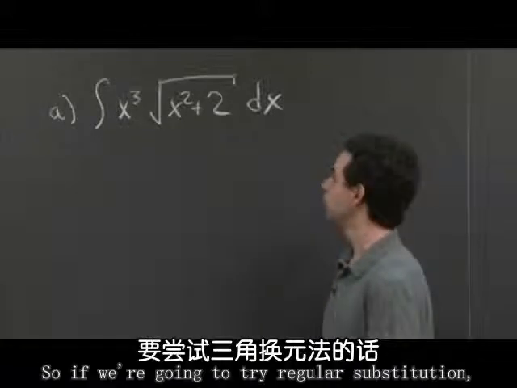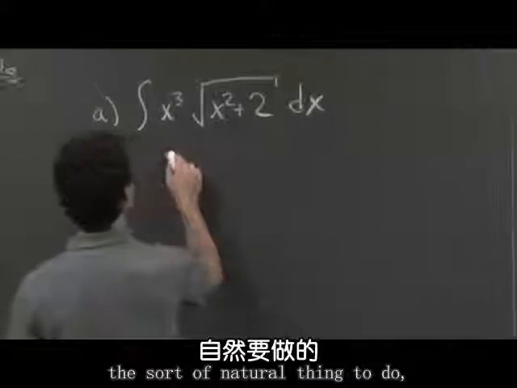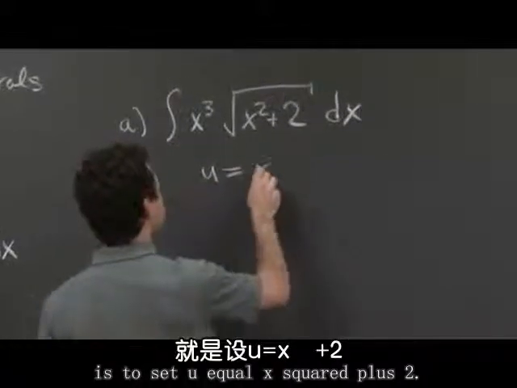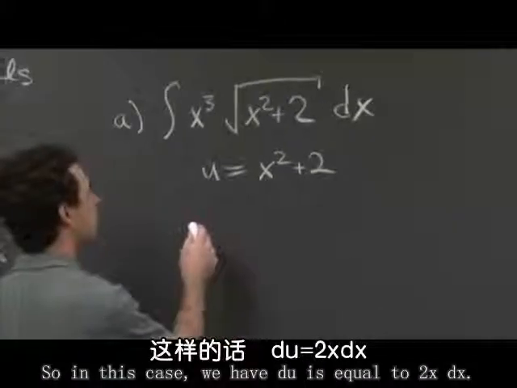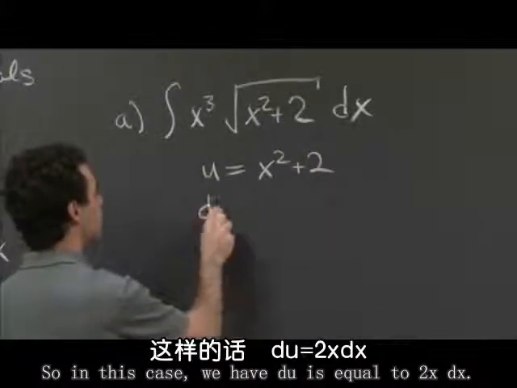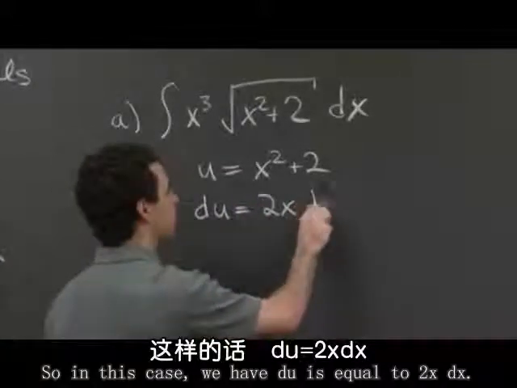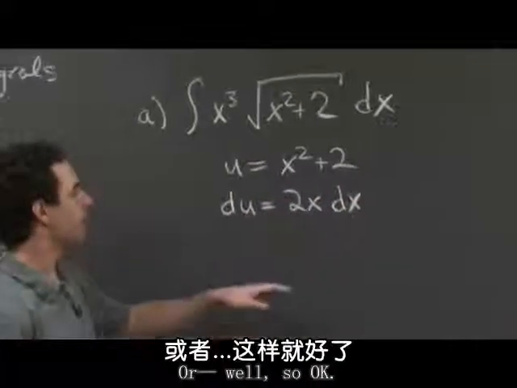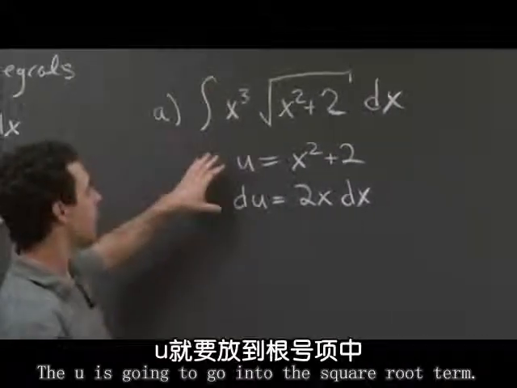Trig substitutions in general are complicated, so it's a good idea to see if there's something simpler that can be done first. So if we're going to try regular substitution, the natural thing to do is to set u equal to x squared plus 2. In this case, we have du equal to 2x dx. We want to substitute these things in.